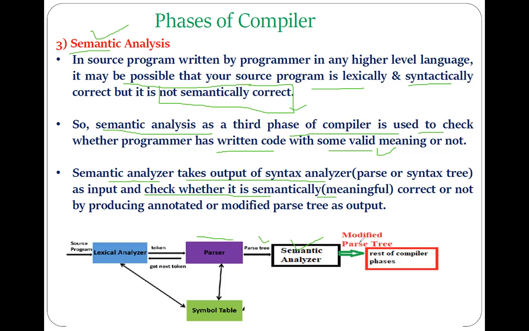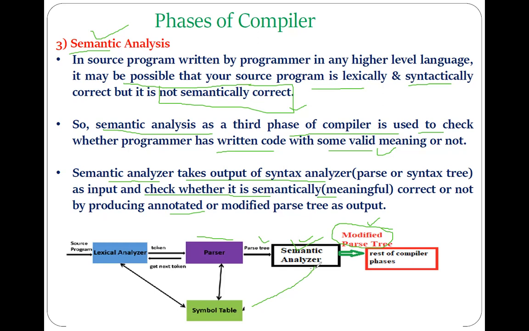The semantic analyzer also generates another parse tree or syntax tree, called the modified parse tree or the annotated parse tree. If the semantic analyzer can successfully generate the annotated parse tree, then you can say that particular expression or sentence is semantically correct, meaning it has some valid meaning.